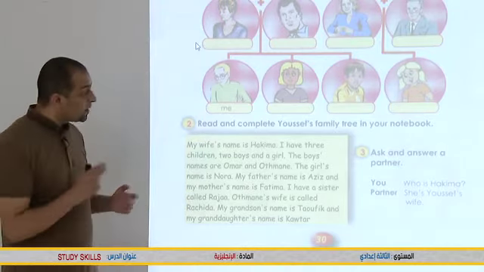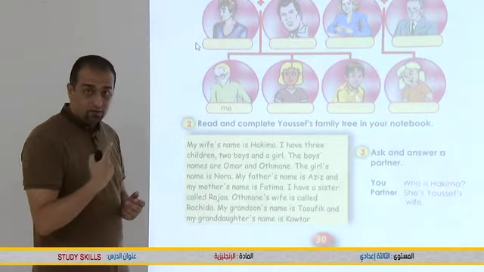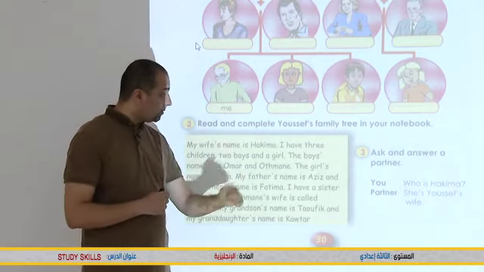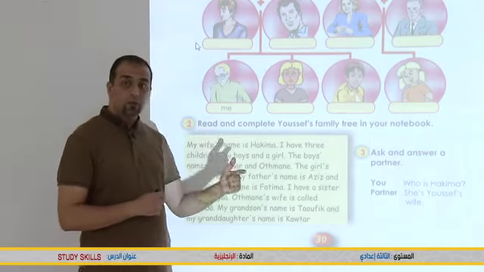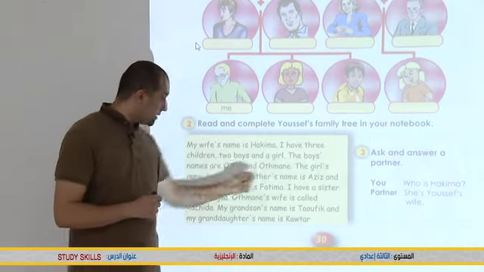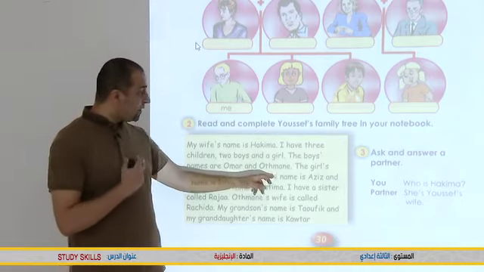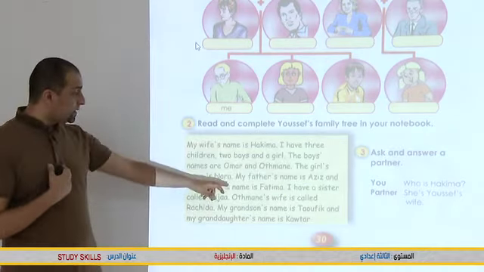My wife's name is Hakima. Now Yusuf is talking. I have 3 children, 2 boys and a girl. The boys' names are Omar and Uthman. The girl's name is Nora. My father's name is Aziz, and my mother's name is Fatima.